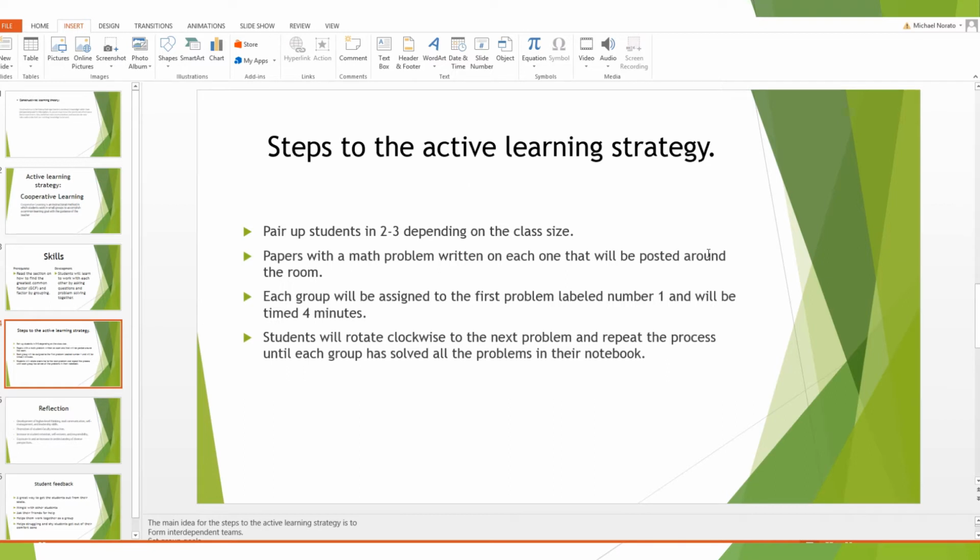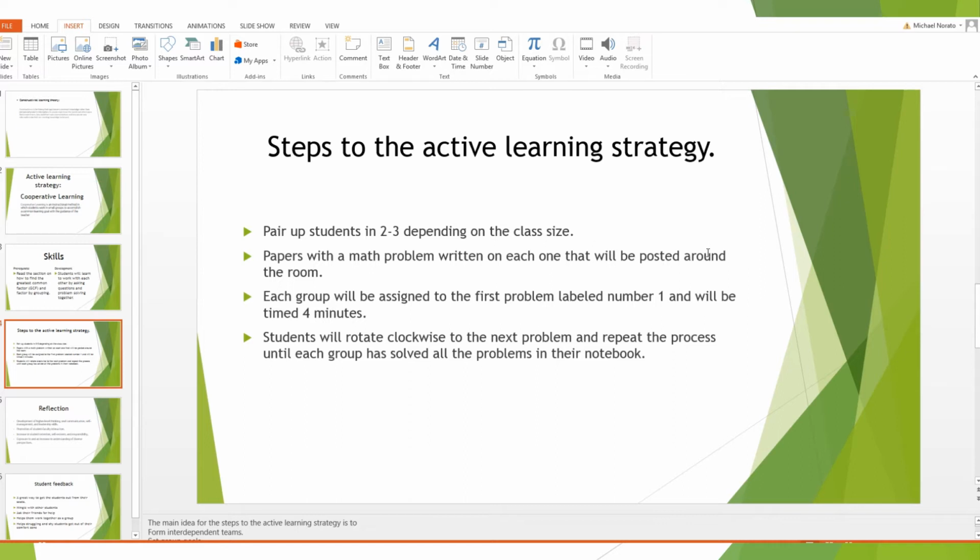The steps to the active learning strategy: basically, what I like to do is pair up the students in groups of 2 or 3, maybe a little more depending on the class size. There'll be a math problem posted on a piece of paper, and these papers will be posted all around the room, each having a different problem, and each group will be assigned to the first problem.